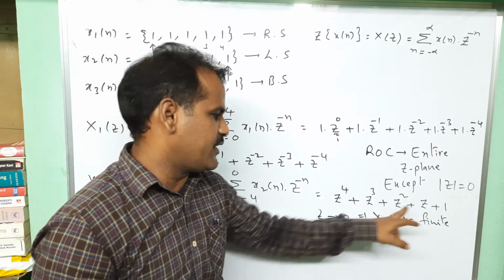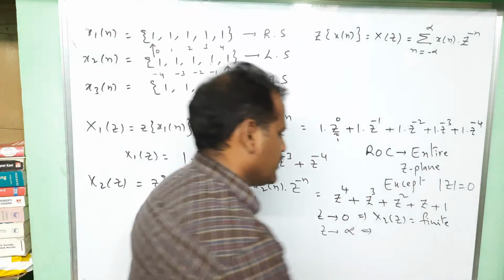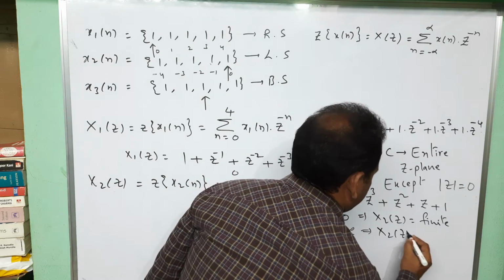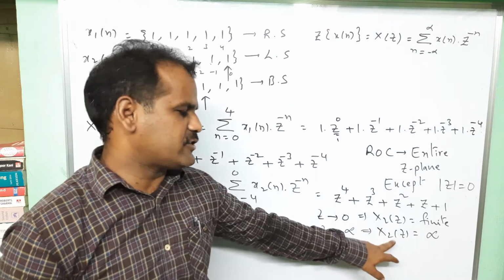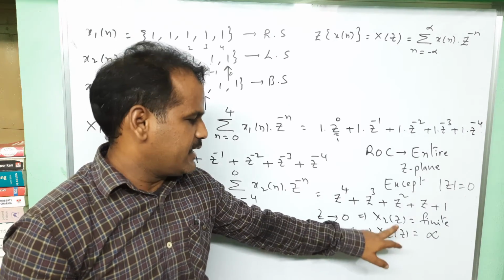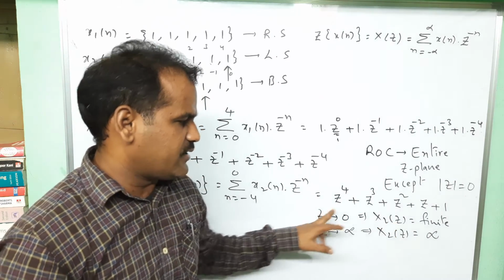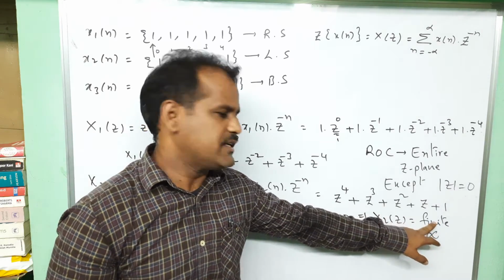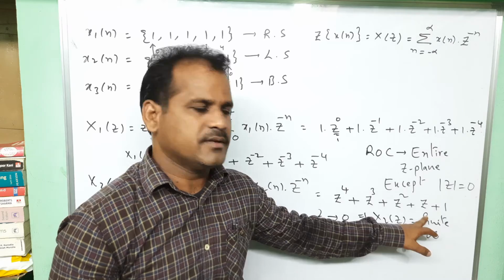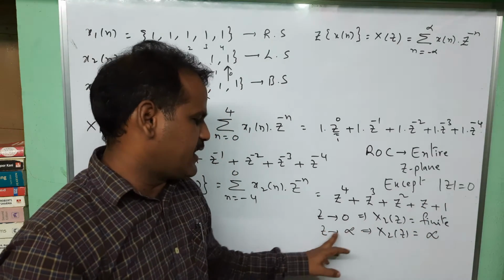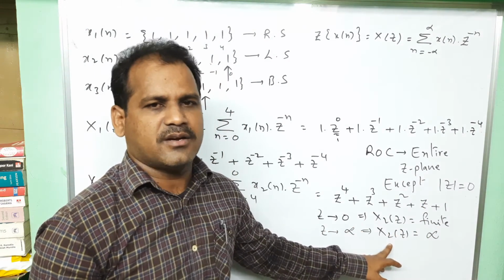If z tends to infinity, infinity plus anything is infinity, so X2 of z is infinity. That means for this case X2 of z is not converging. It is converging for all finite values of z, even for z tending to 0, X2 of z converges. Only for z tending to infinity, X2 of z does not converge.